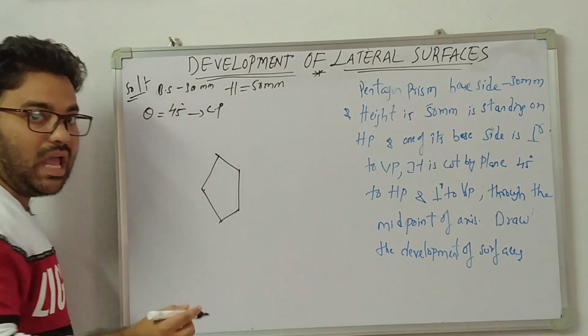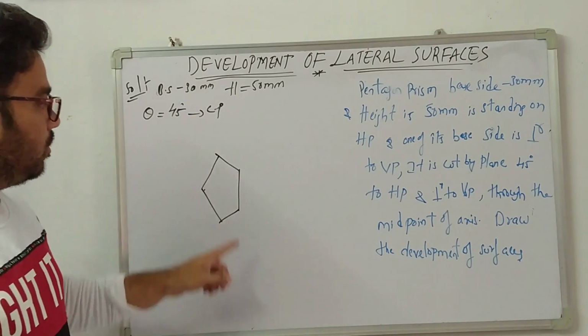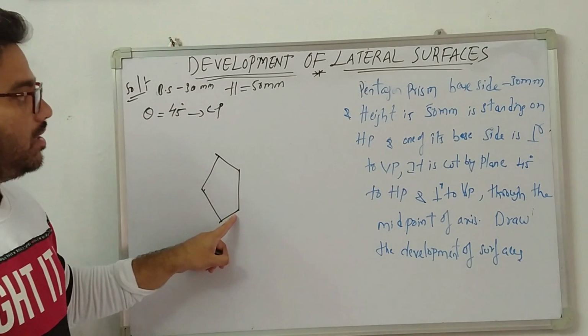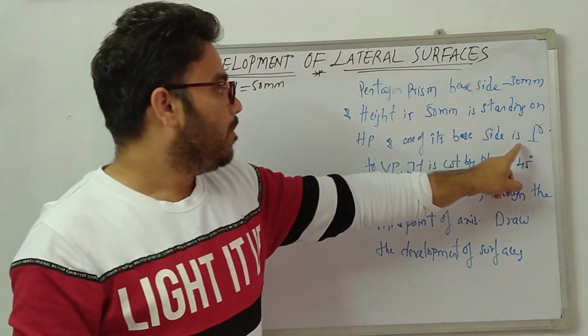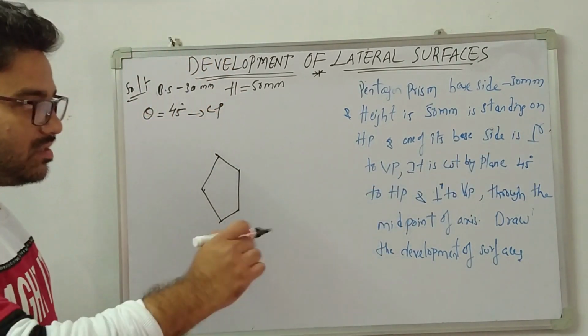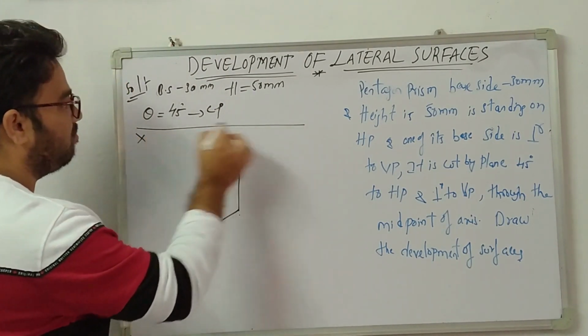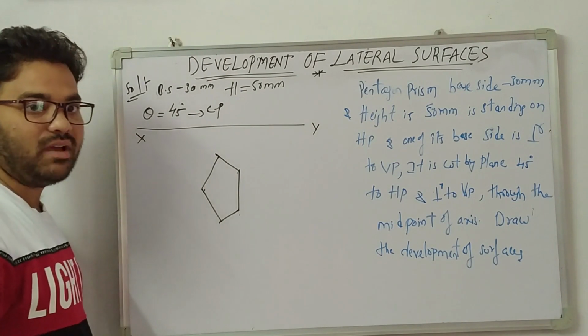So see here, I am explaining in this problem also. The base edge is on HP, and at the same time it is perpendicular to the VP. One of the base sides, let us say this is my xy axis.